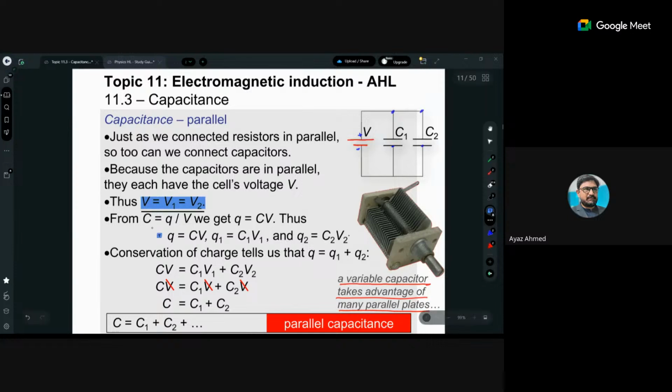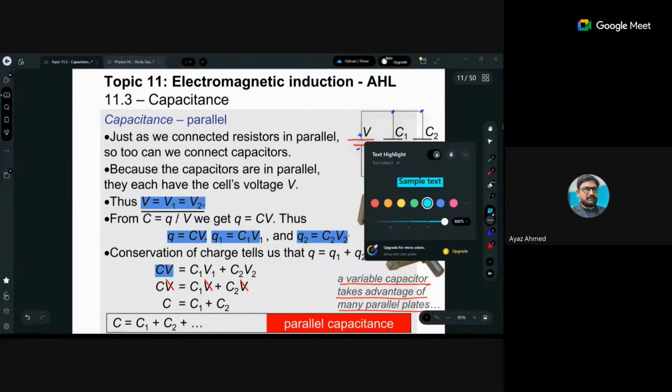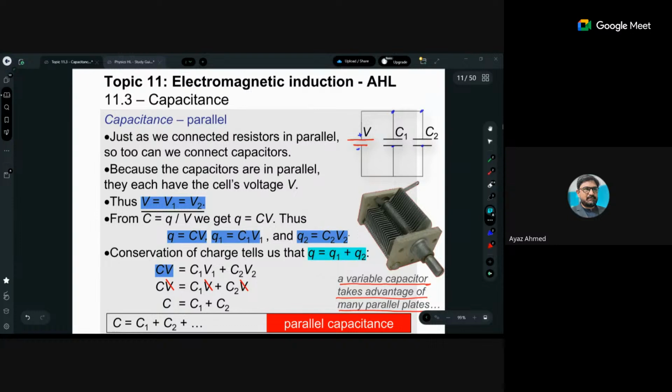Then, as you know, Q is equal to CV. It means Q1 will be equal to C1 V1 and Q2 will be equal to C2 V2. So the master equation in the parallel combination is this one.